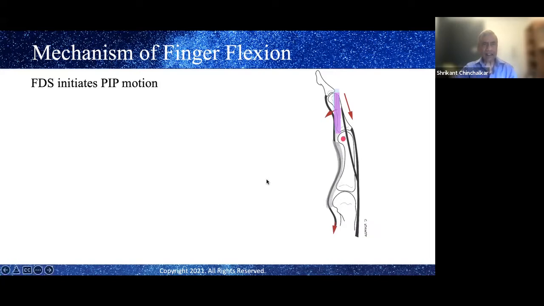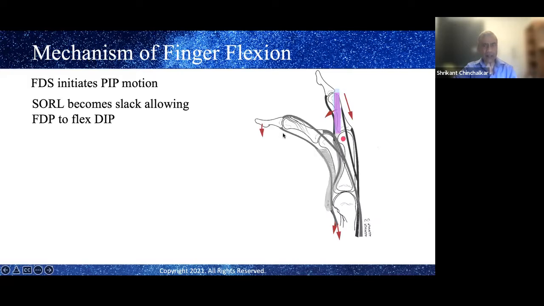When we initiate flexion of the fingers from full extension, the flexor digitorum superficialis initiates PIP joint motion first. This is according to Raoul Tubiana from France, who identified that upon flexion of the PIP joint, the spiral oblique retinacular ligament relaxes, and subsequently it allows the profundus to create tension on the distal phalanx.